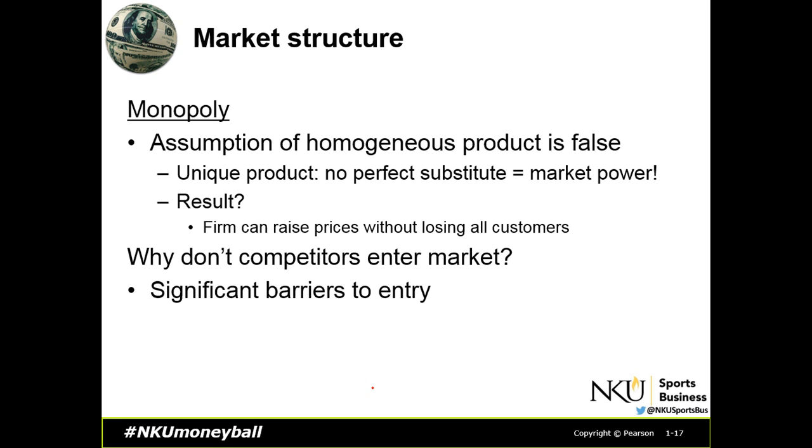It does happen in a few cases, and usually expansion happens where there's a particular geographic market, and there's no existing team in that market, and the league determines that, hey, we can make more money for the league by putting a team here, even though we have to split the revenues with more teams because you're adding an expansion team. The additional revenue that we're going to get by putting a team in this market is going to be over and above the cost to the other owners of splitting the revenue with an additional team.